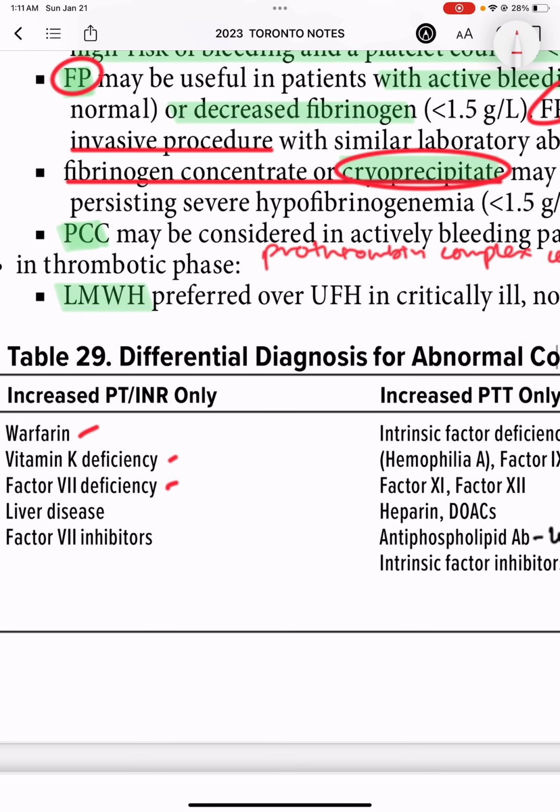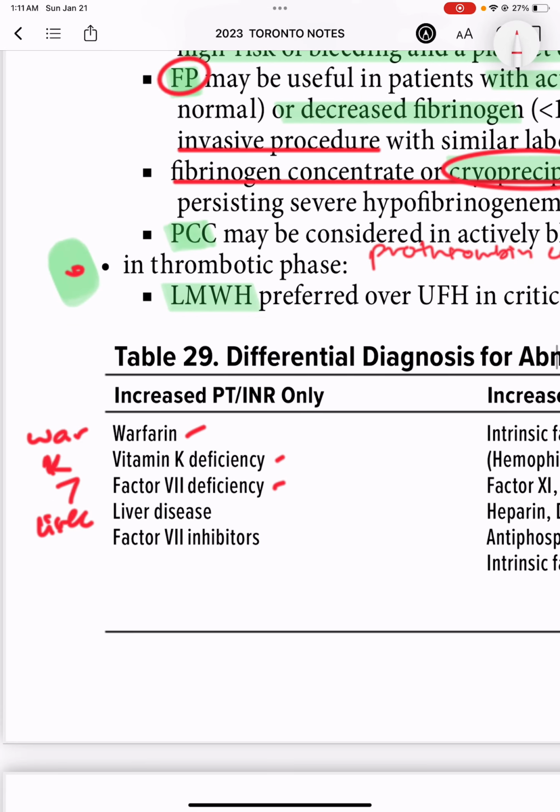Increased PT, INR would be the ones which have the problem related to the extrinsic pathway, the smaller one, in which there is a problem with factor 7, because there is just tissue factor and factor 7, right? So warfarin, vitamin K deficiency, because it involves factor 7 deficiency or factor 7 inhibitors, and liver disease.